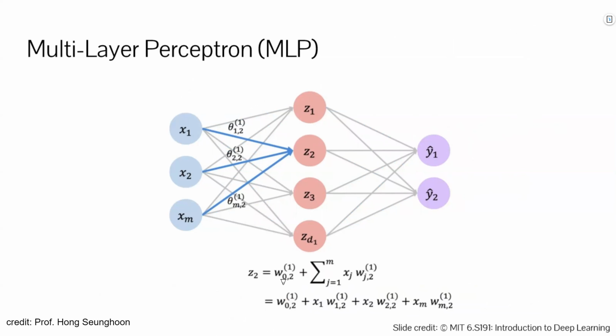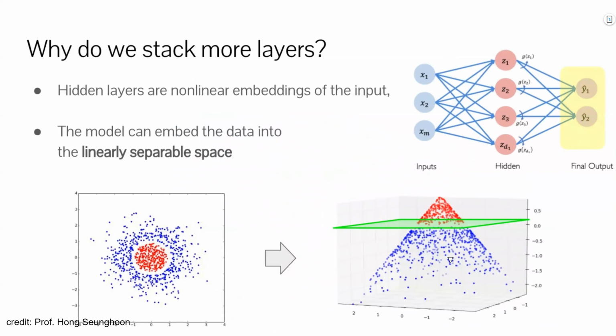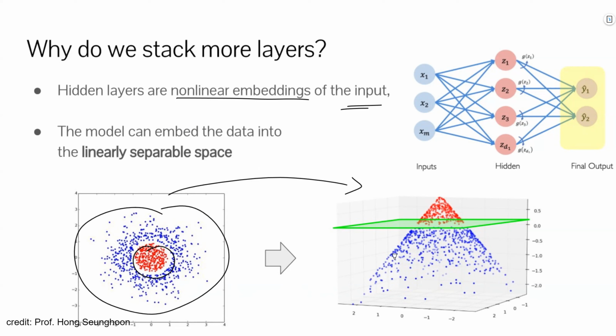So this is the example I gave you. And why do you try to stack more layers? Because hidden layers are nonlinear embeddings of the input. And why is it so important? Because by transforming the input into some high dimensional space, since this input is nonlinear, meaning that we need a circle to differentiate these 2 types of data.